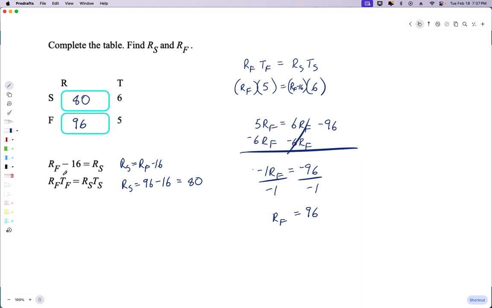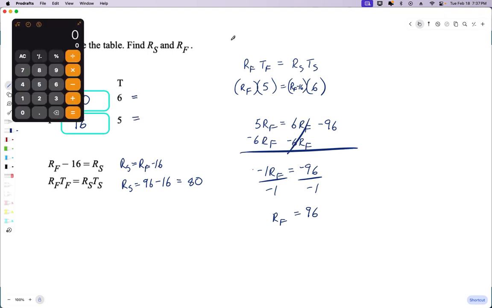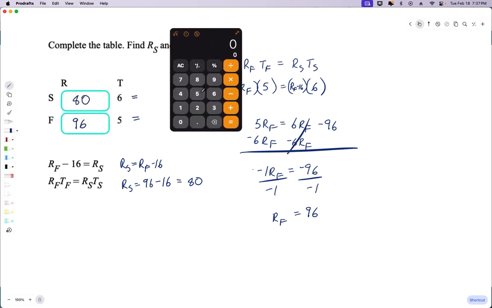So now we just have to check and make sure that this distance is equal to this distance. So these should be the same. So we're just going to multiply. 80 times 6 is 480. And 96 times 5 is 480. Those distances are the same.